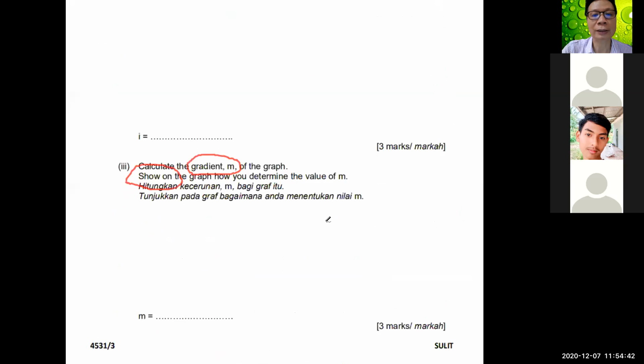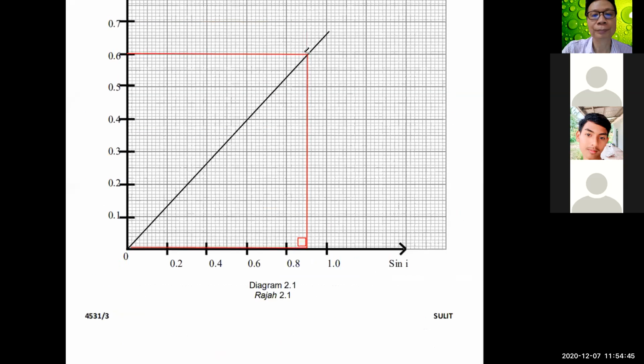Get the values here: 0.6 here and 0.9 here. The unit must follow, but both have no unit. So the gradient is 0.6 divided by 0.9.